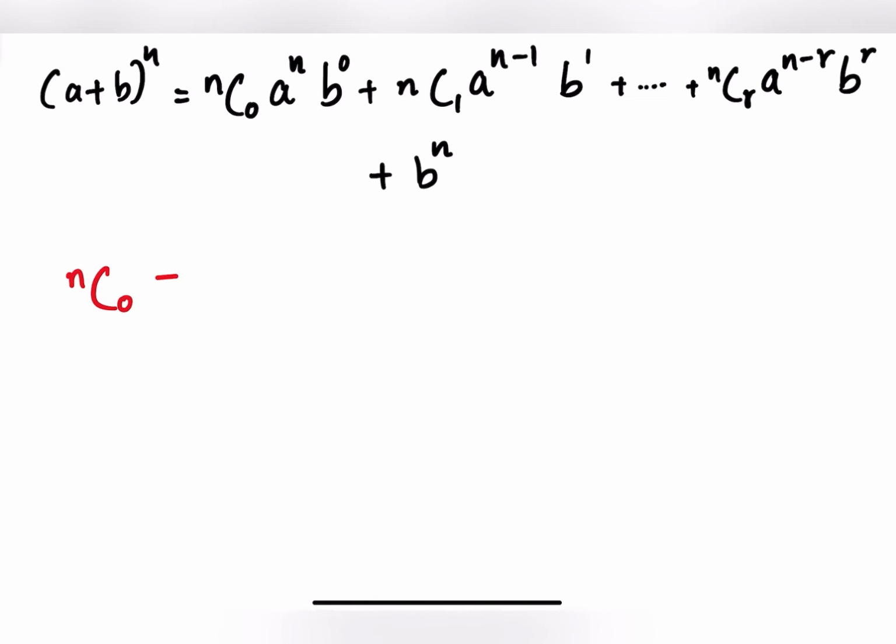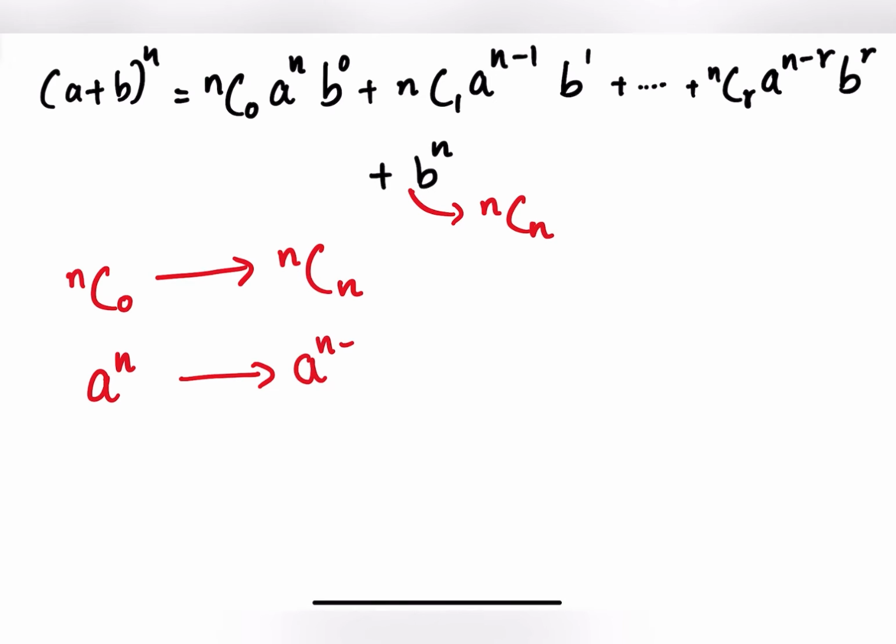nCr is changing from nC0 to nCn, because in the last term it is nCn, which has a value 1. Now what is happening to a? a is changing from a^n to a^(n-n), which is a^0, which also gives us a value 1.